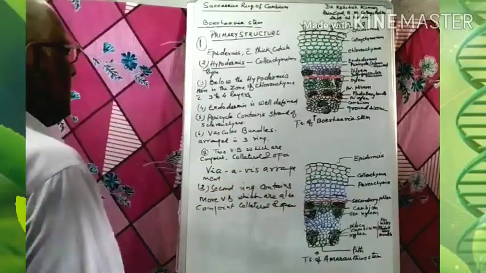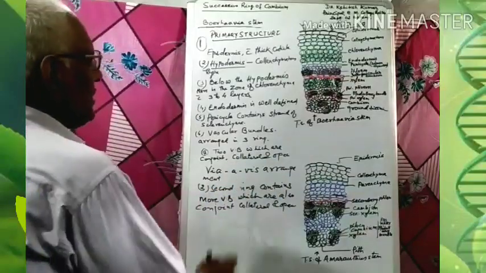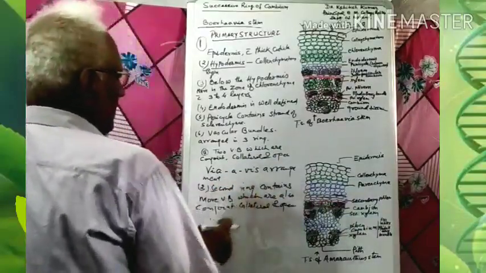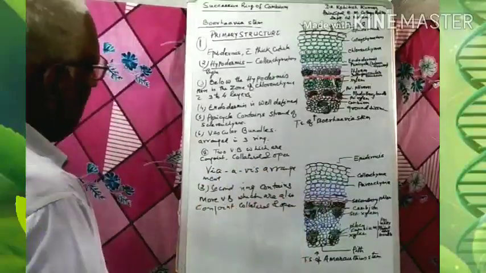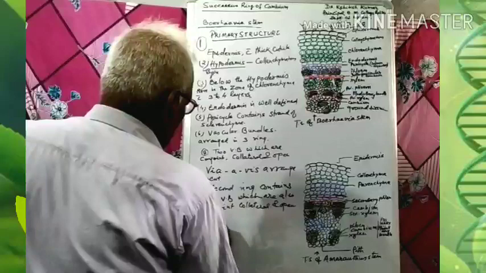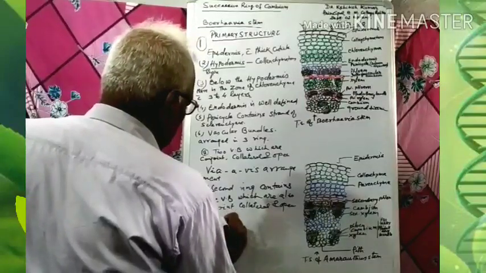Next to this ring there is the third ring, which also contains more vascular bundles than the second ring. The number of vascular bundles is more than in the second ring.